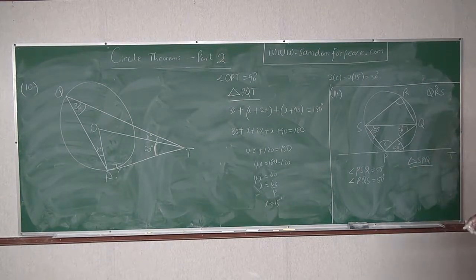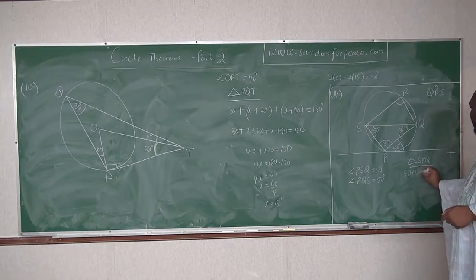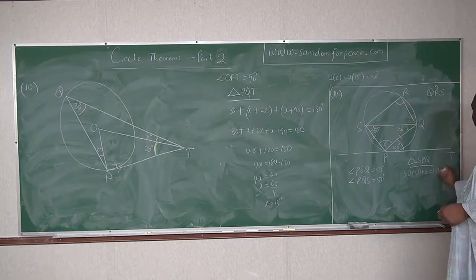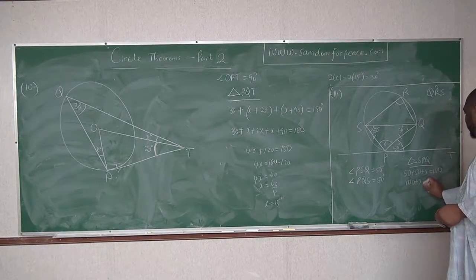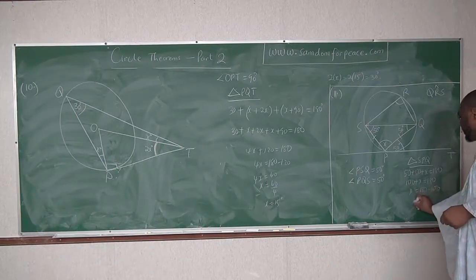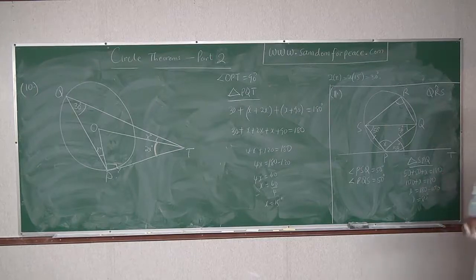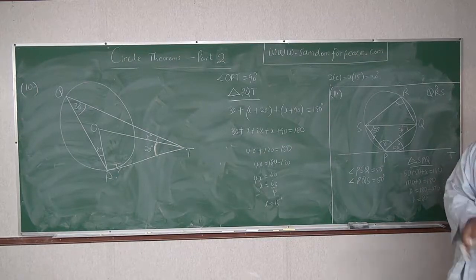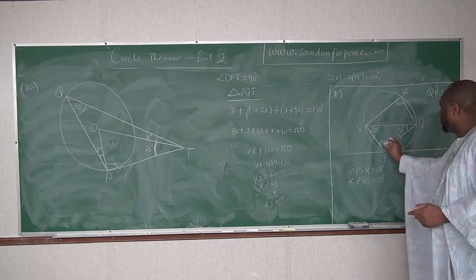If you consider triangle SPQ, then 50 plus 50 plus x is 180. So 100 plus x is 180. So x is 180 minus 100. X is 80 degrees. Now this reason is sum of angles of a triangle. So this is 80 degrees.